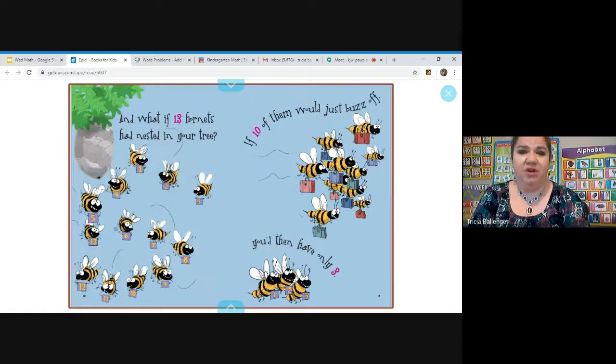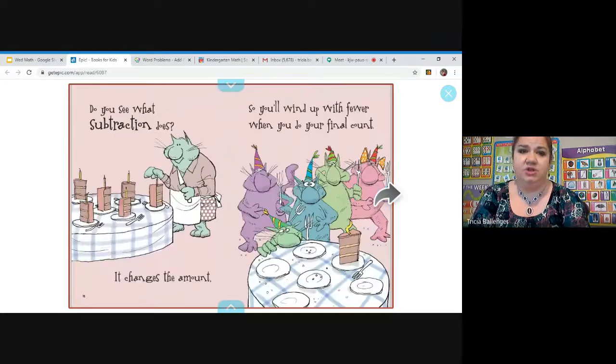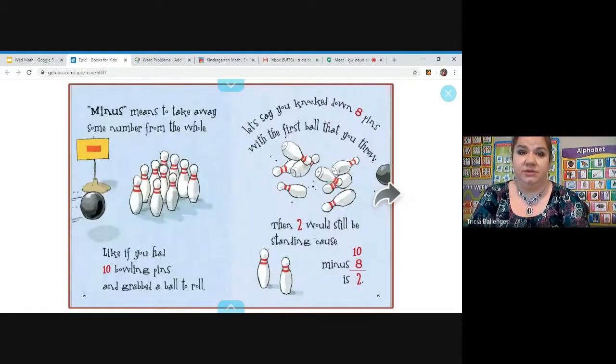And what if 13 hornets had nested in your tree? If 10 of them would just buzz off, then you'd only have 3. Do you see what subtraction does? It changes the amount. So you'll wind up with fewer when you do your final count.